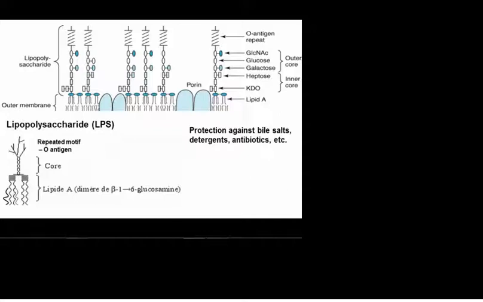They also protect bacteria against some antibiotics. For example, if you didn't have LPS, any kind of hydrophobic molecule could diffuse freely across the membrane, including some antibiotics. So why do these guys need protection against antibiotics? Of course, most antibiotics are synthesized by other bacteria.